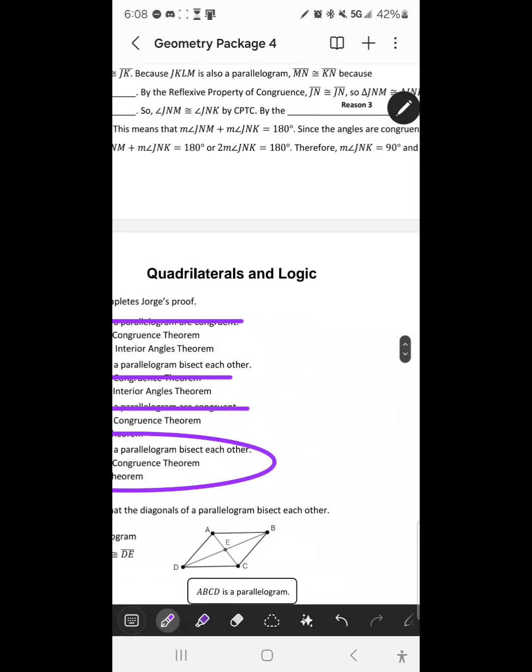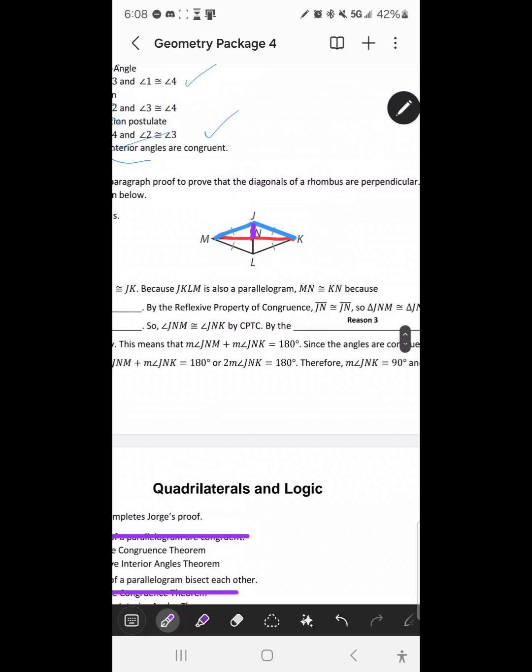Now let's make sure. Let's read reason 3. JM is congruent to JK by CPCTC, which is corresponding parts of congruent triangles are congruent. So JM is congruent to JK.